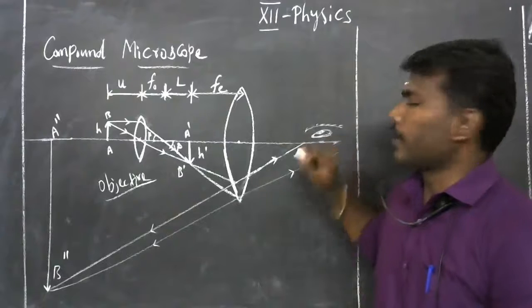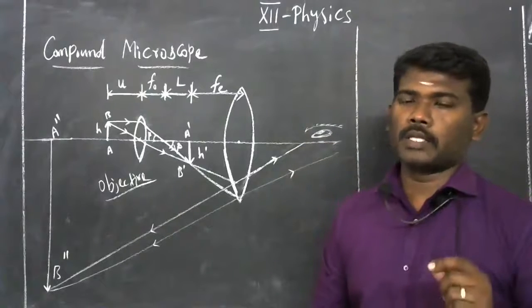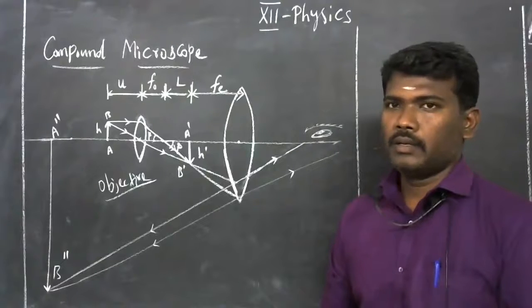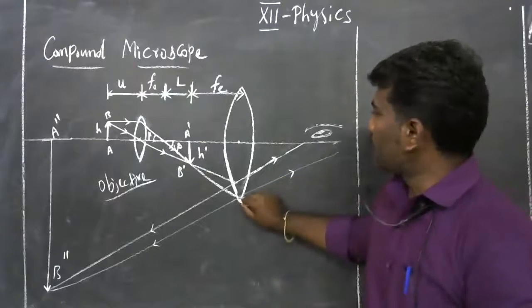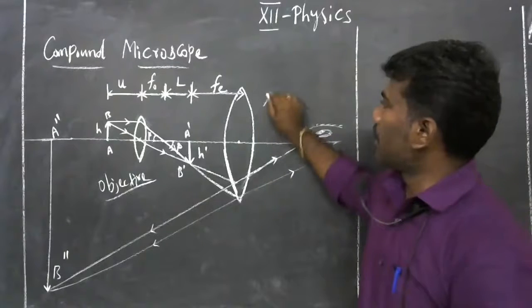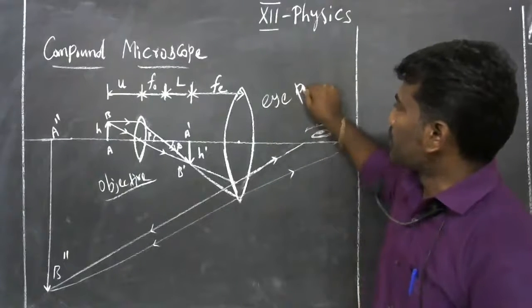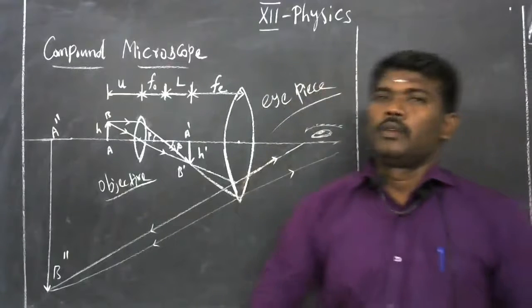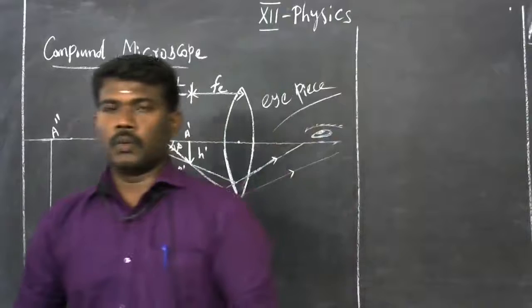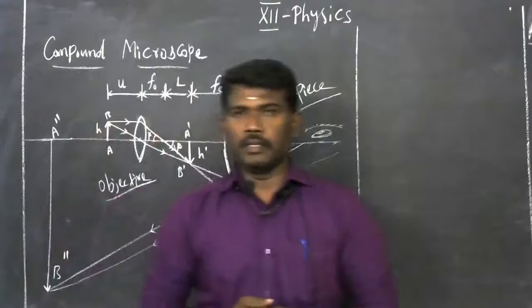Wherever you look, at which place you observe the image of the object, that lens is closer to your eyes. That is called the eyepiece. So we use two convex lenses to produce an enlarged image.